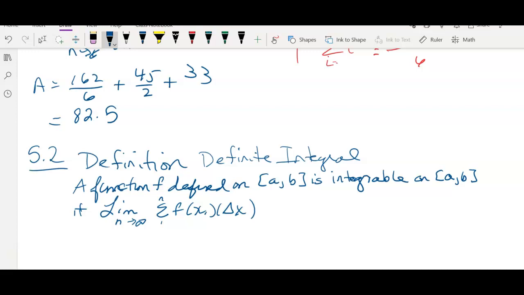Where does delta x go to? Think about it. Does that make sense? The more rectangles you have, delta x is getting smaller and smaller. So my point is, if you look through the notes, you might actually see this as delta x going to 0. It's the same idea. So don't worry about that.